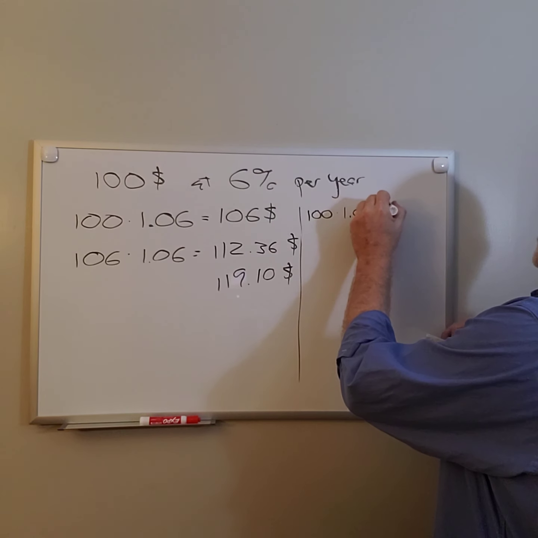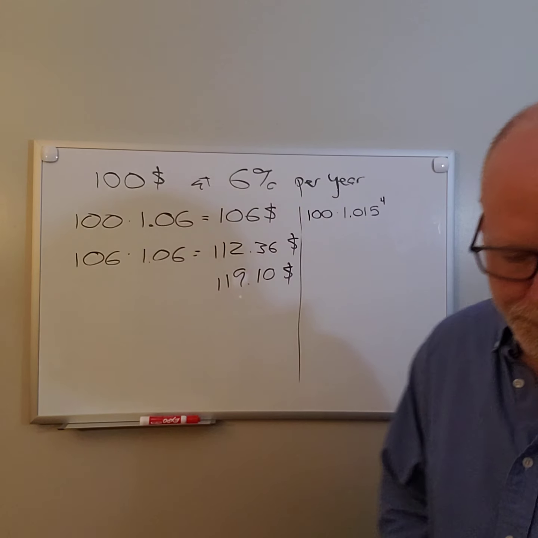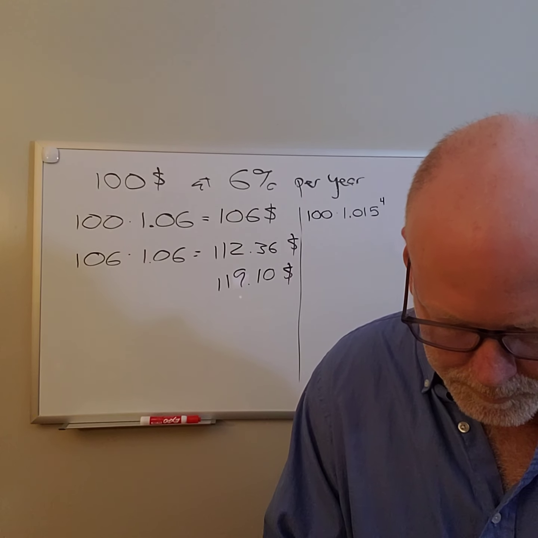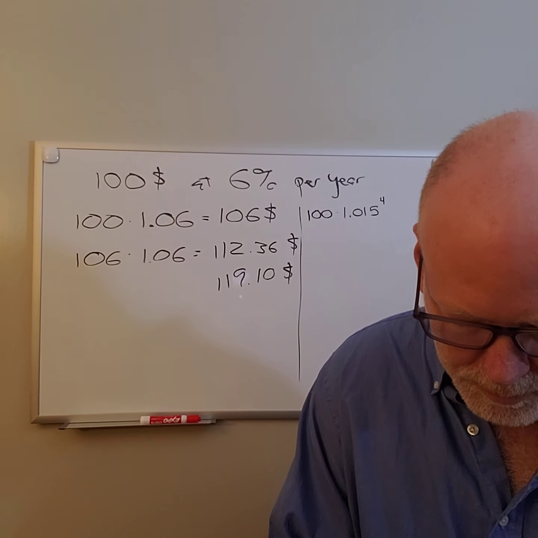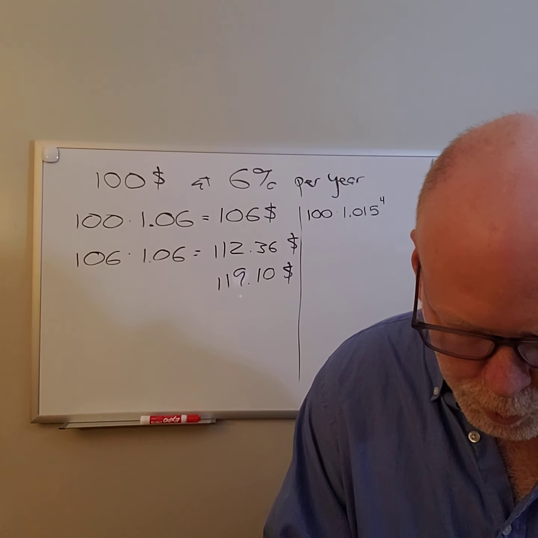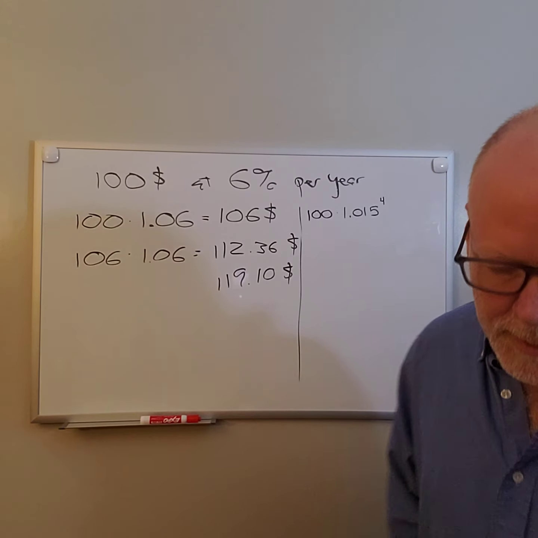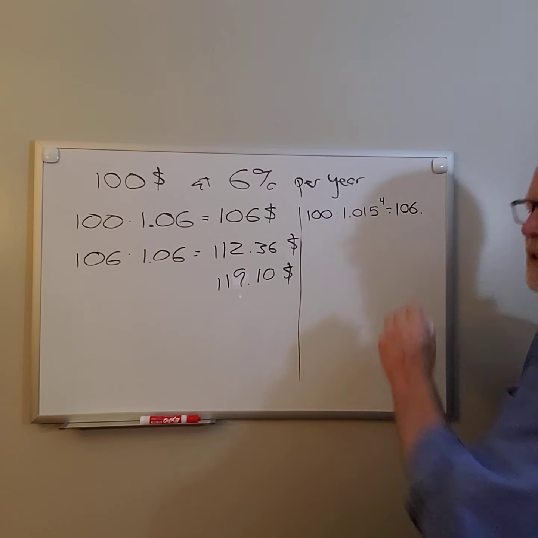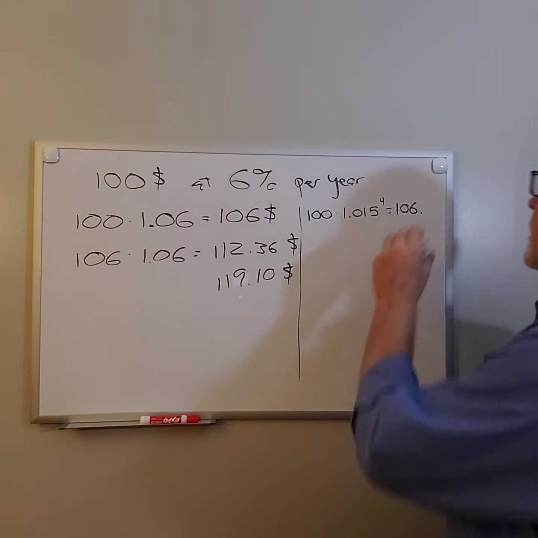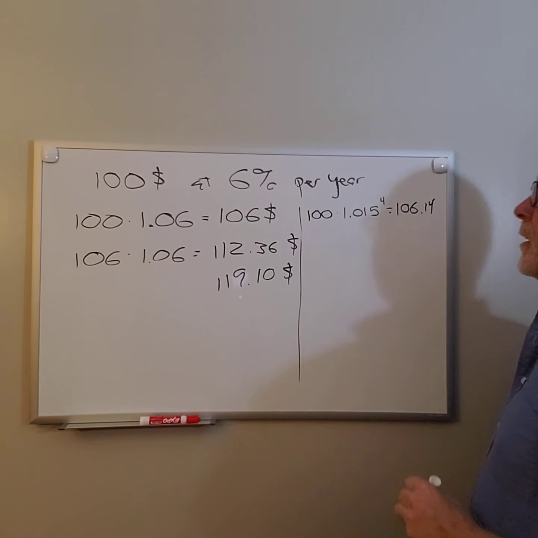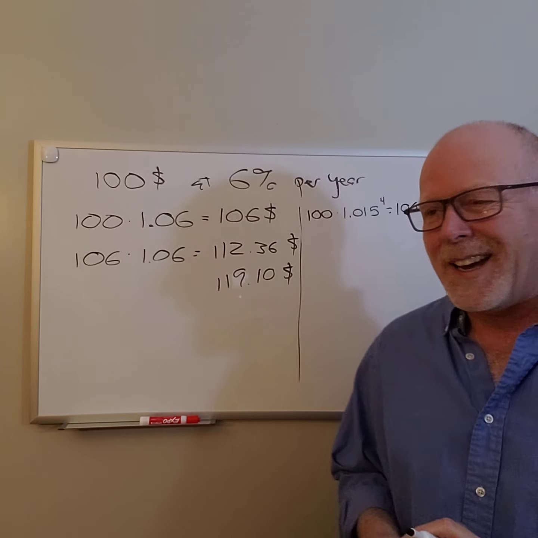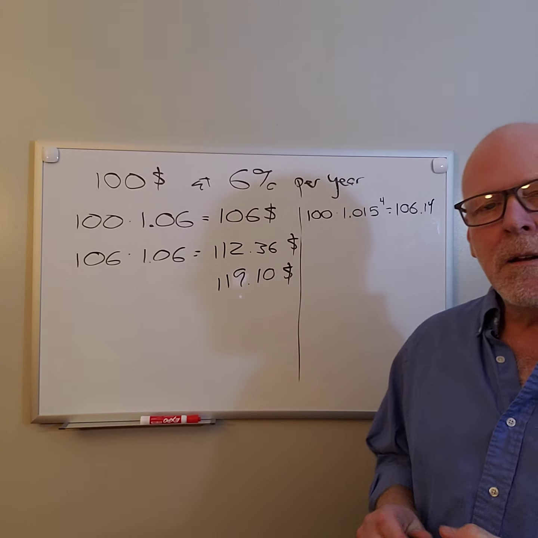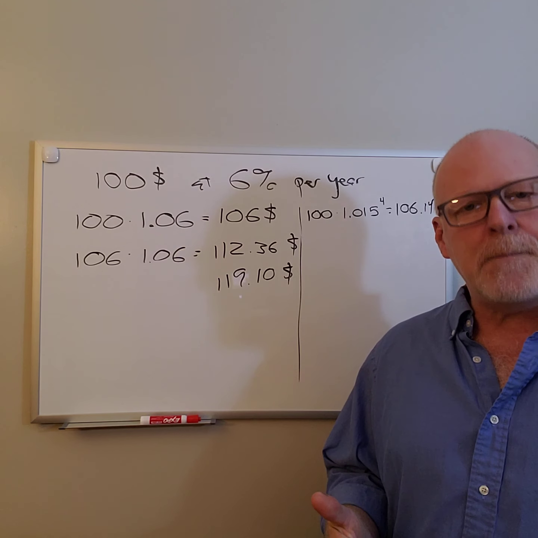Multiply it by 1.015 to the 4th power. So that's exactly what I'm typing in here, 100 times 1.015 to the 4th power. And that gives me $106, and let's see, if we round, it would be 14 cents. So even better than the 9 cents that we earned doing it semi-annually.